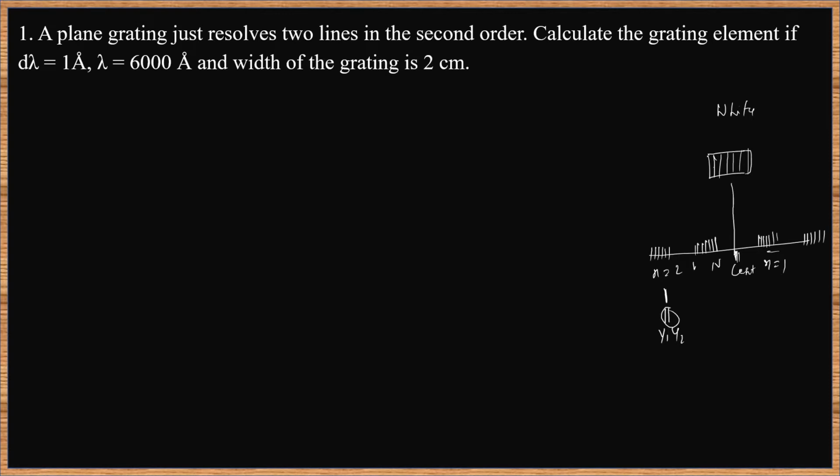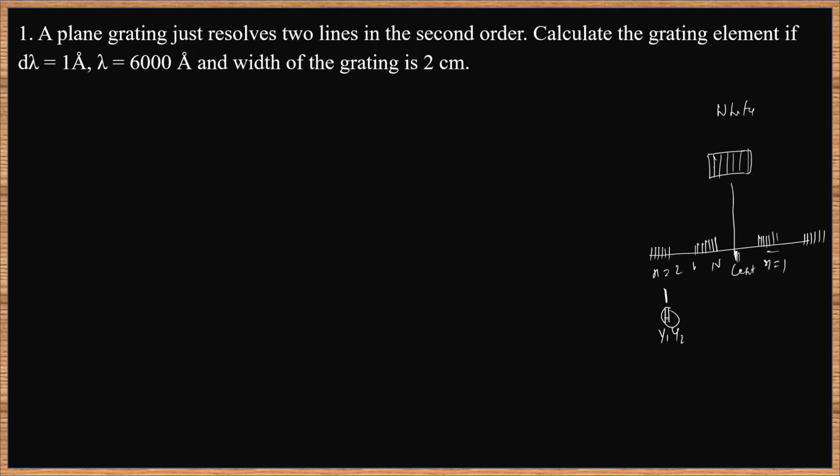We can see that while doing the experiment in our laboratory, while looking through the spectrometer, we can see the splitting of the two spectral lines, for example, for yellow and also for red. For different spectral lines, we can see a gap, or we can see that the plane grating resolves two spectral lines.